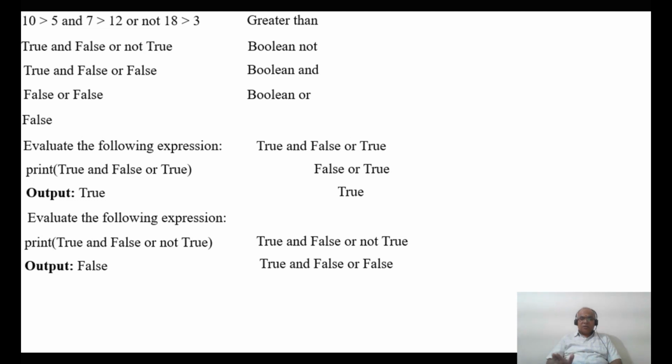Among the two, AND has the highest precedence. True and false is always false. Then you get false or false. Then you have only the final Boolean operator, which is OR. False or false is always false. So the final output here is false.